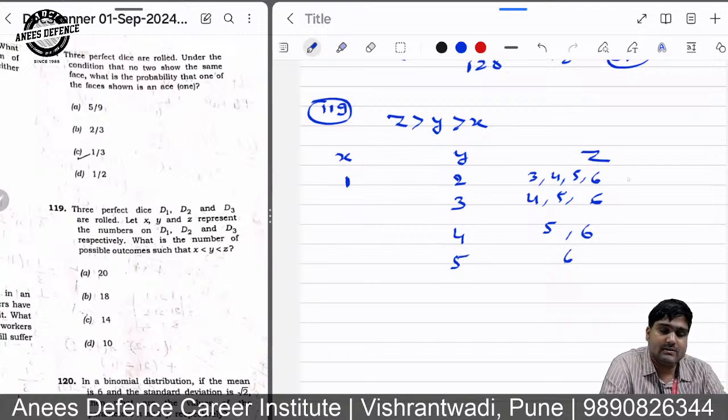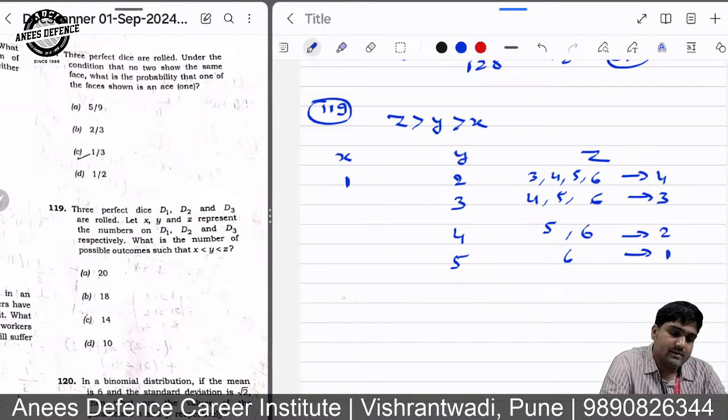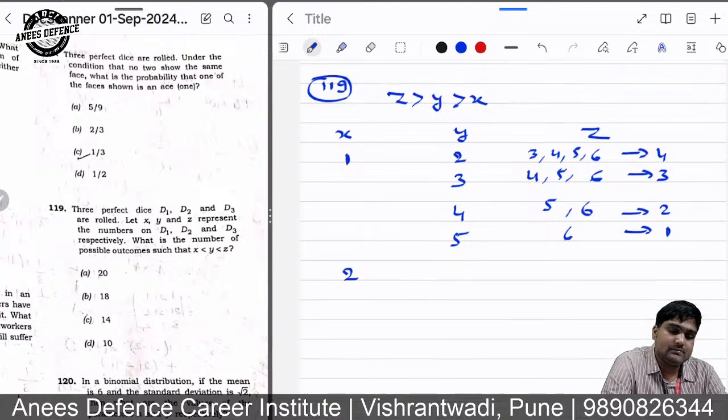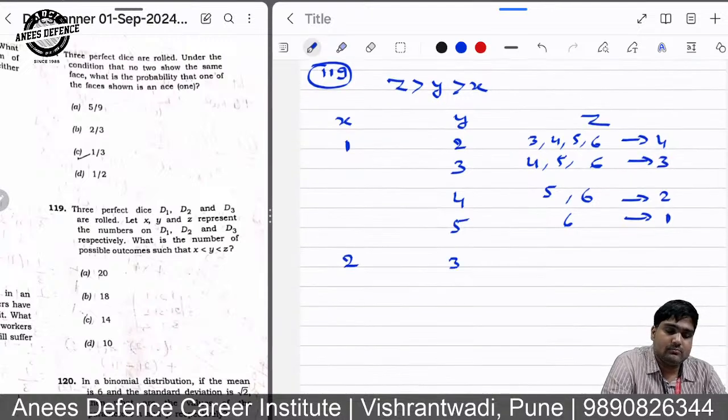So when X is 1, the counts are 4, 3, 2, 1. If I pick X as 2, Y can be 3, 4, 5. If Y is 3, Z is 4, 5, 6. If Y is 4, then Z will be 5 and 6. And if Y is 5, Z is 6. 6 is not possible for Y. So the counts are 3, 2, 1.